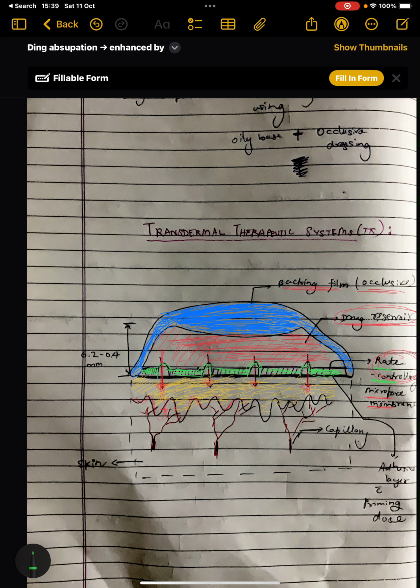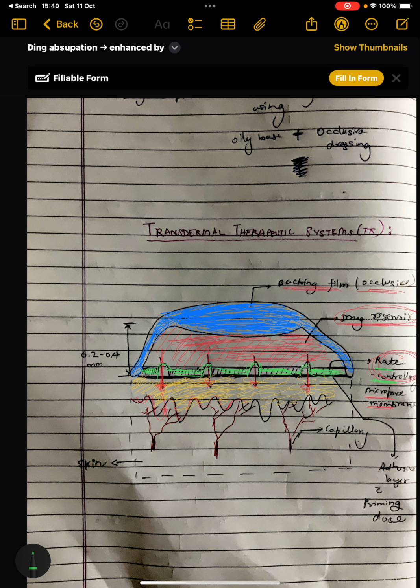Now after which what do we have? The last layer, on the under surface of this micropore membrane, we have an adhesive layer which also has a priming dose of this drug.